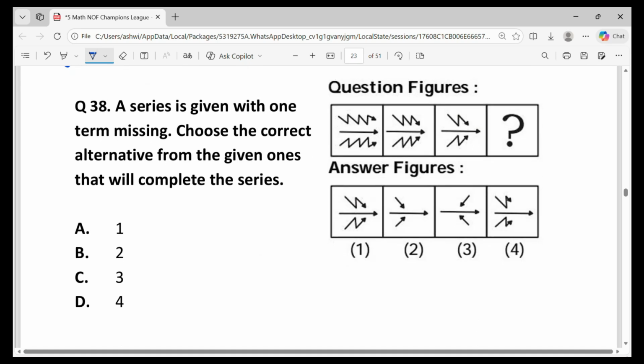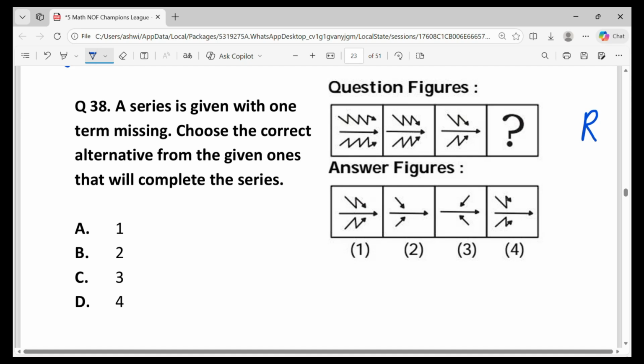Question 38. A series is given with one term missing. Choose the correct alternative from the given ones that will complete the series. In the question figure series, we can see that there are 3 arrows all pointing towards the right, but the middle arrow is straight and the side arrows are in a zigzag pattern.